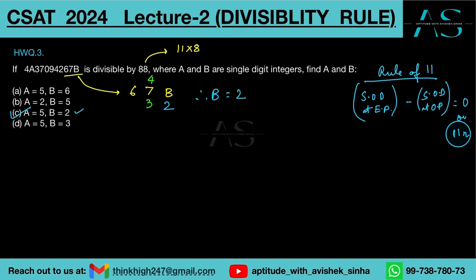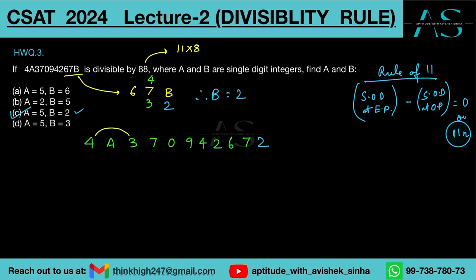Alright, let's see what we have here. If I rewrite the number, it would be 4, A, 3, 7, 0, 9, 4, 2, 6, 7, and in place of B, I'll write 2. Now, let's start by taking the sum of alternate terms.